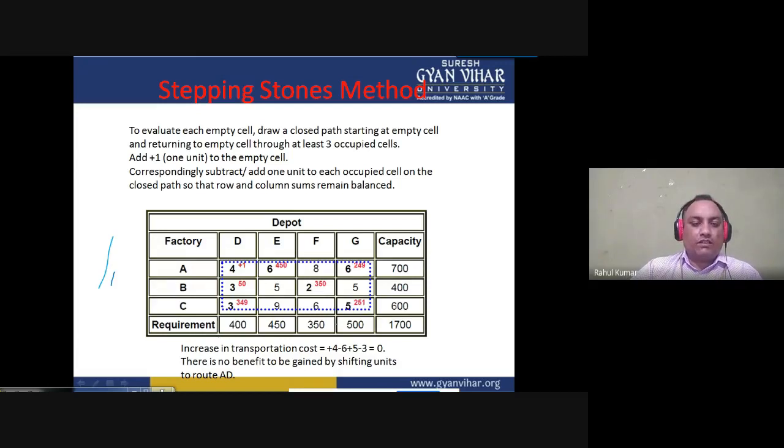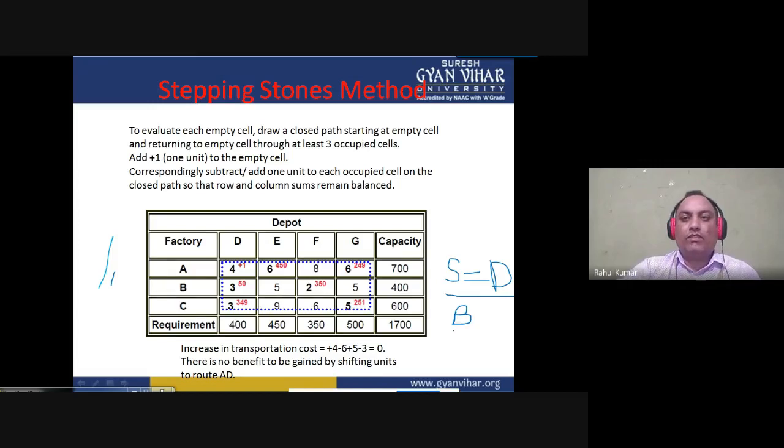So here first we check total supply is equal to demand. This is a balanced problem because this is 17 and then 500. This is equal to 1700. So here supply is equal to demand. So this is a balanced problem, right?